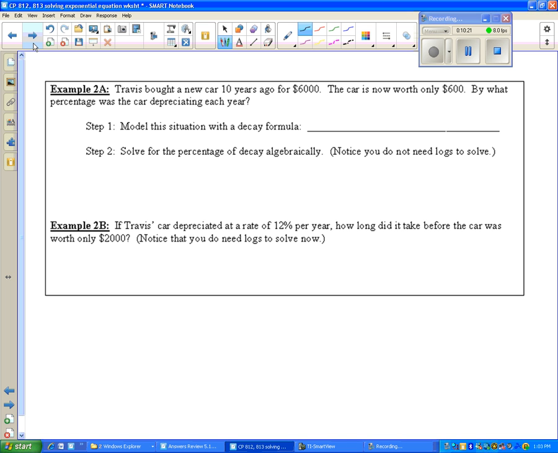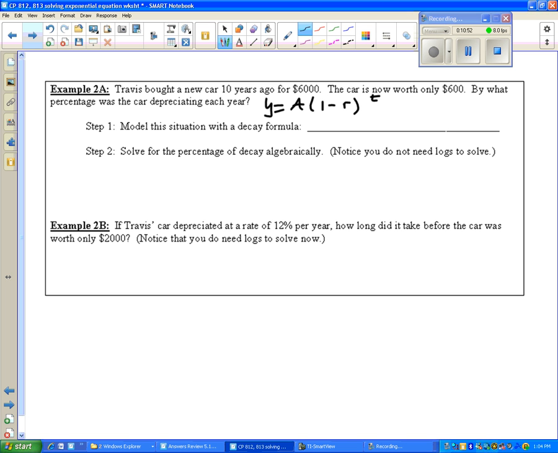Let's check this. So it's depreciating. My vehicle started off, remember what I'm doing, this is y is equal to my original amount times 1 minus my rate to the t years. Let's see.